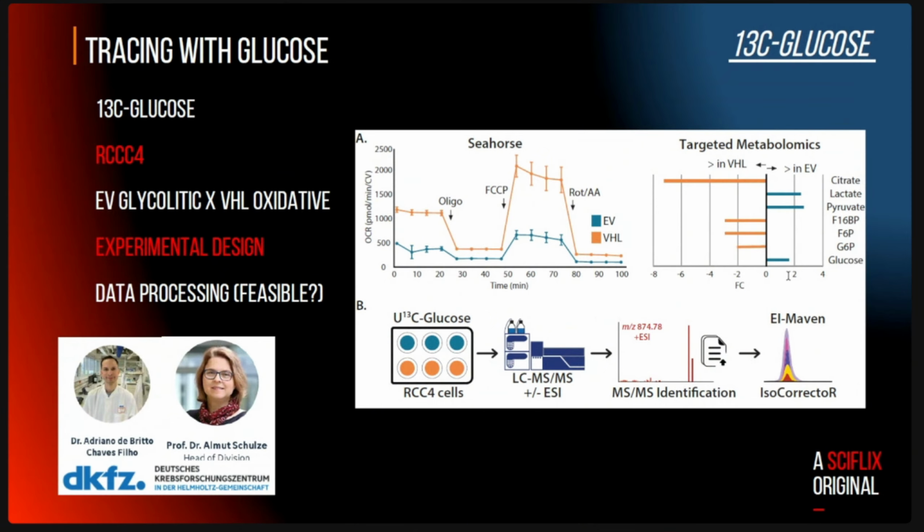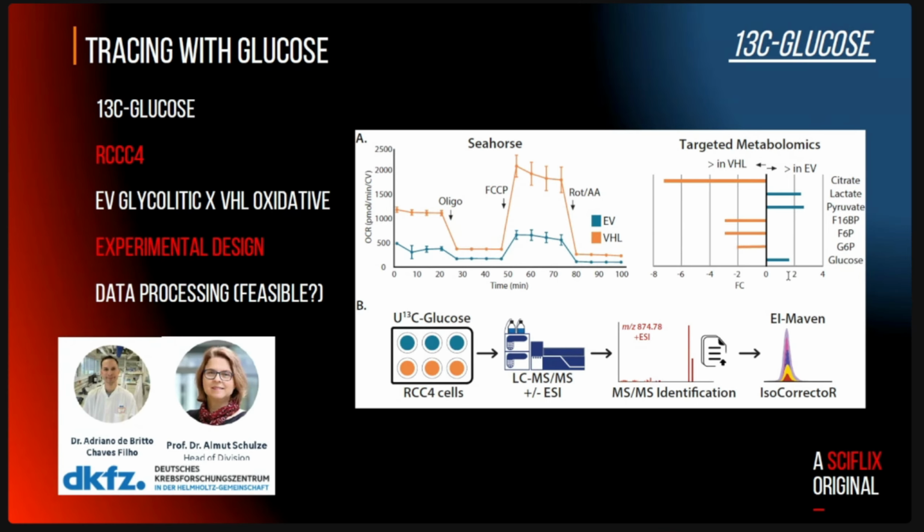Okay. So this case study was performed with uniformly labeled glucose. And then we used a cancer cell, a renal clear cell cancer cell, number 4. What is interesting about this cell is that it has no VHL, which stands for von Hippel-Lindau.